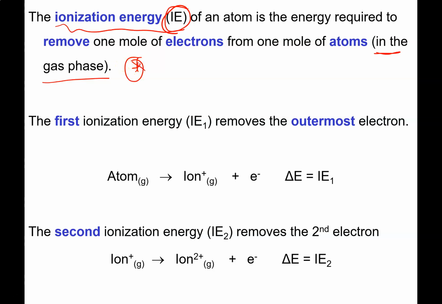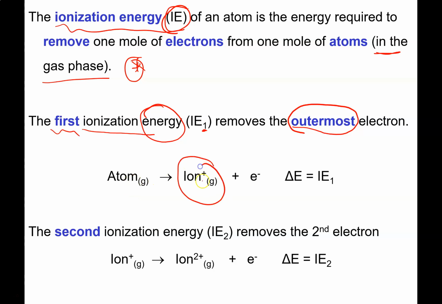We can remove more than one electron from an atom. The energy to remove the first electron is called the first ionization energy, and we indicate that by putting a 1 there. That removes the very outermost electron. So we take our gas phase atom, remove 1 electron, which gives us our single positive gas phase ion and our electron, and the energy involved in that process is called IE1.